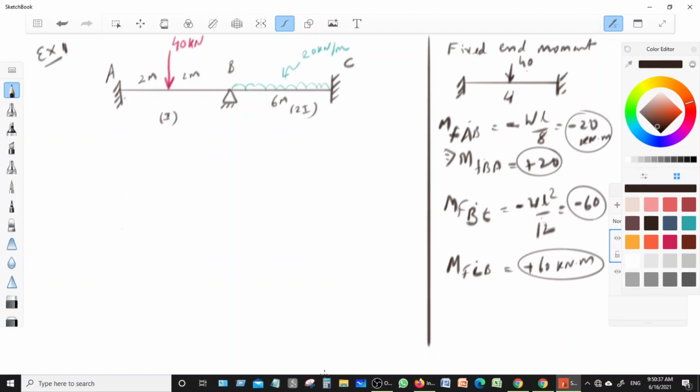Once we have these moments at the respective fixed supports, after that we apply the slope deflection equation. So let me apply the slope deflection equation here. For span AB, first of all we take this AB span as a pair.